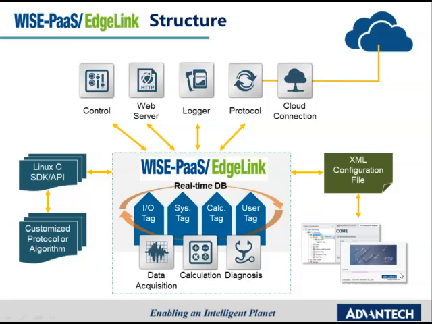When we download the file into Advantech 3600 from EdgeLink Studio, actually we will generate an XML file, a configuration file, and then download it into the EdgeLink real-time database to modify the setting inside Advantech 3600. We also provide Linux C SDK or API for users to implement customized protocol or algorithm.